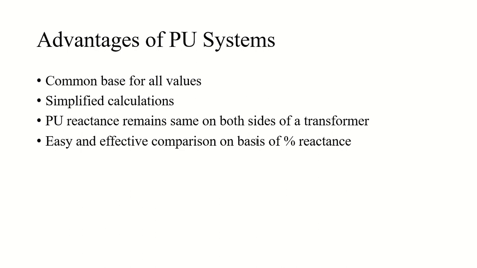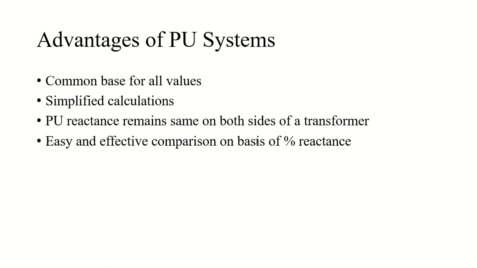We can take this class of 60 students as a small power system, and different students can be considered as different components of the power system: somebody is a generator, somebody is a transformer, somebody is a transmission line, and so on. To deal with the calculations of all these different components at once gets very difficult. So what do we do? We judge their performance on the basis of percentage. That's what we do in class, right?